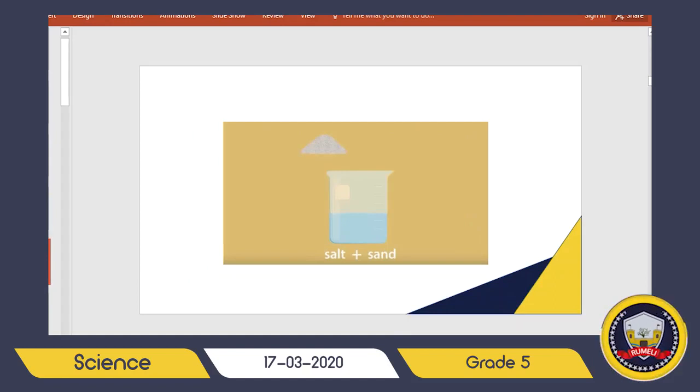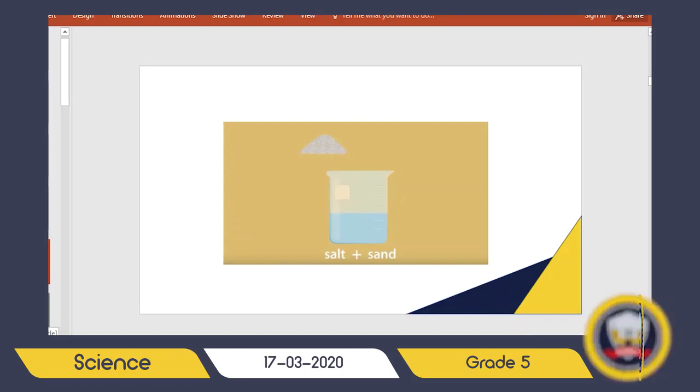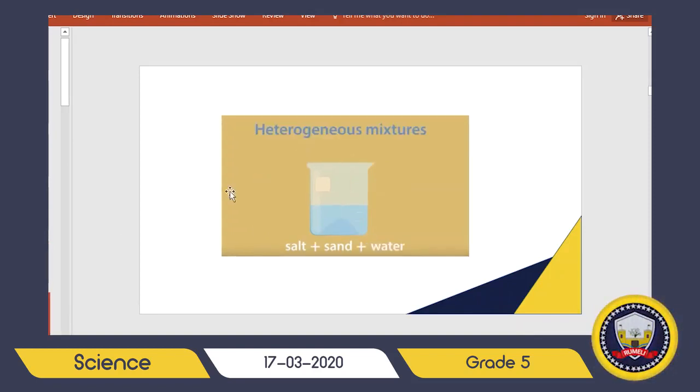If you put the salt and sand mixture into water, what will you expect? Salt will dissolve, but sand will remain as a solid. It will not dissolve. What did we learn? We can separate sand from water by using a mesh or by using a filter paper. So if I use a filter paper to separate this salt, sand, and water mixture, what will I have?